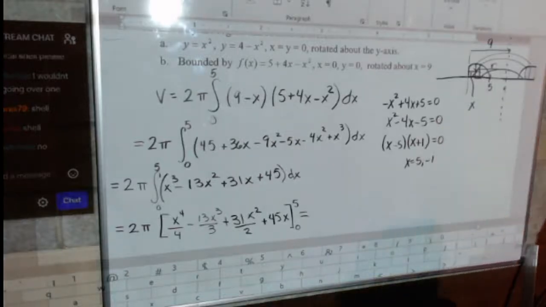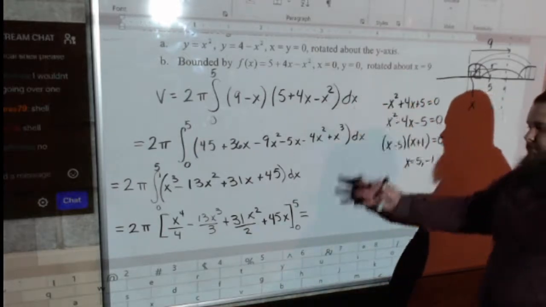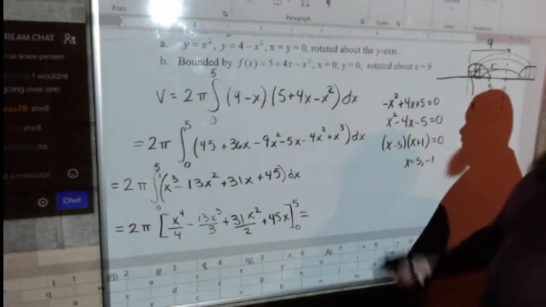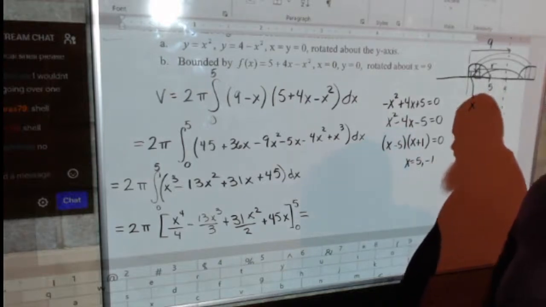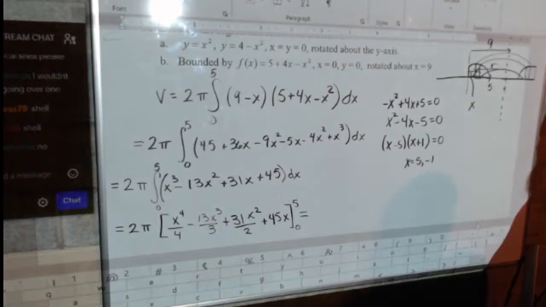The solutions are given to you in the notes. Right now, I'm really concerned that you can set up the problem and get to here. Plugging in the numbers is, you know, college algebra stuff.